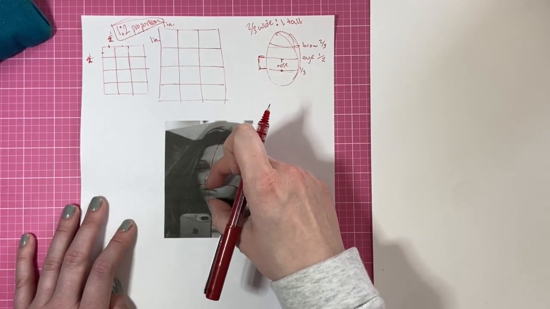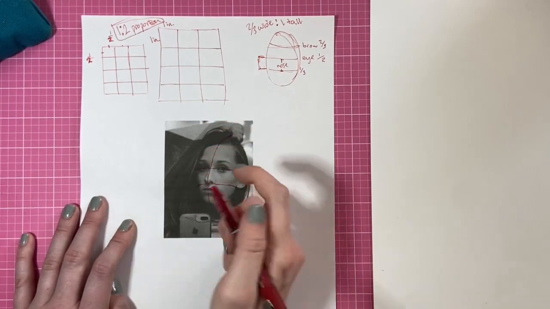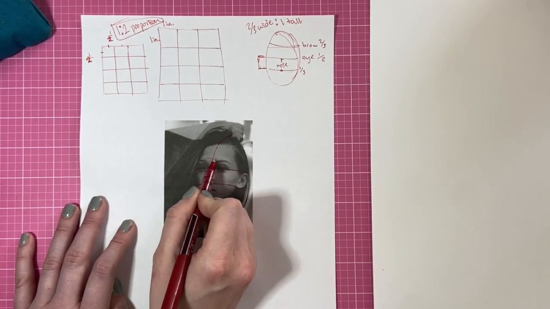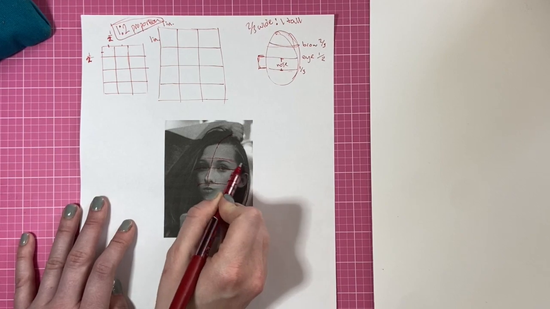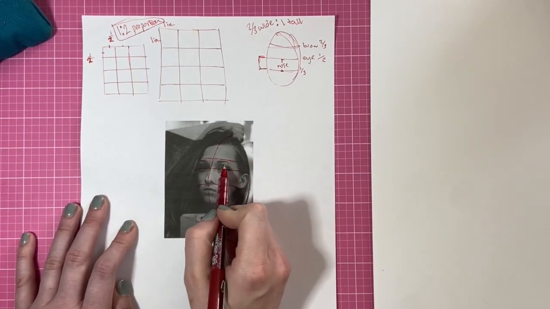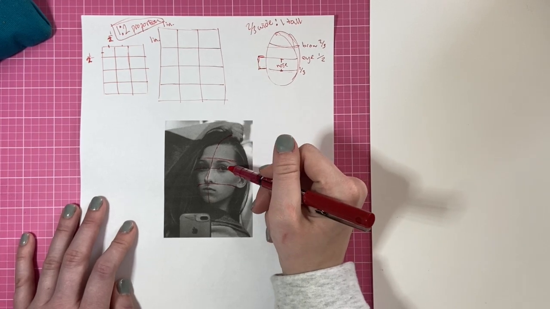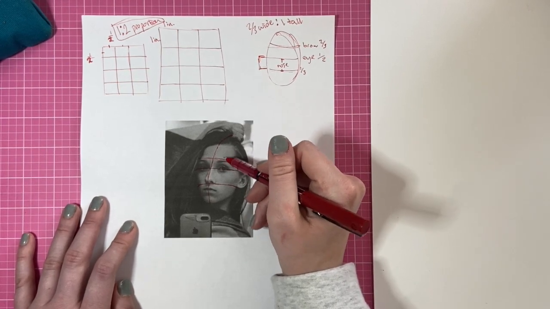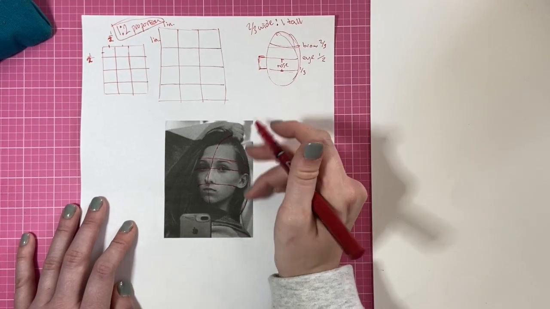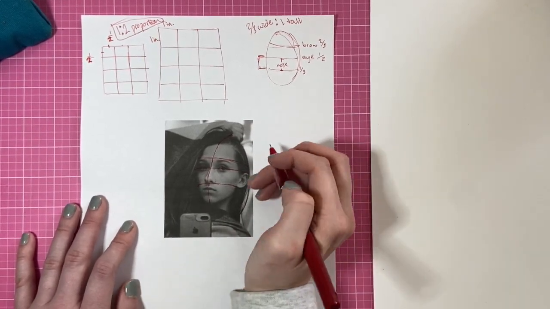Now if this is 1/3, 2/3 is right here, just above her brows. So that's pretty accurate to standard. The brow line, where the ridge of your eye socket turns into your forehead, is 2/3 up the head.